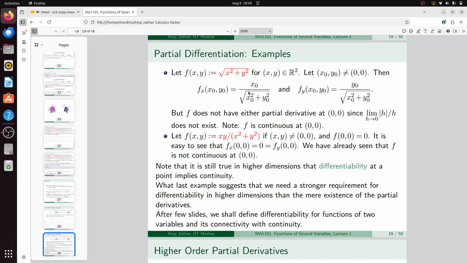The concept is the same, because the left hand and right hand derivatives will not be equal. It will give you the signum function, and the signum function gives you a discontinuity at the 0 point, because either you will approach plus 1 or minus 1. If h is less than 0, you are approaching minus 1, and if you are approaching 0 from the positive side, then your answer will converge to 1.